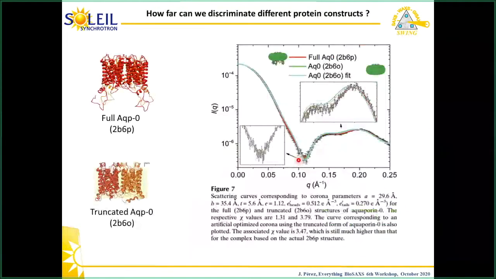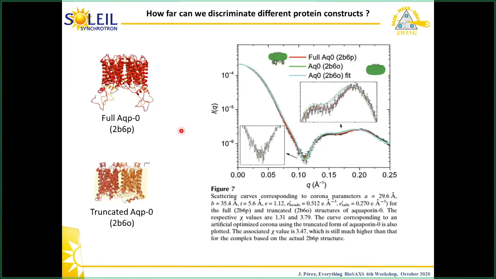So remember, initially we were interested in comparing the solution of truncated aquaporin 0 and full aquaporin 0, but we couldn't make it because we were not able to purify these.